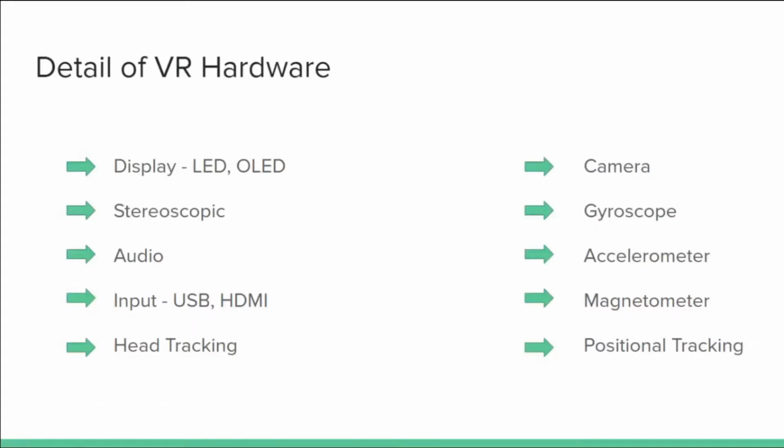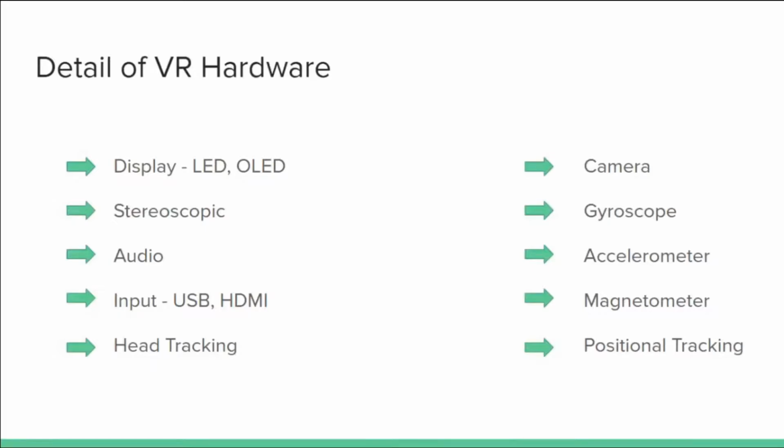So these are just the technical terms, or what kind of devices we use when we are creating virtual reality based services. There is a display, stereoscopic audio input, and USB that connects your headset to your system. Then there is head tracking, which is how you are moving your head, and that's how it will create the movement inside the virtual reality. Then there is the camera. Camera is an optional thing because you don't usually use it, but it comes into play when you are trying to capture the whole room.